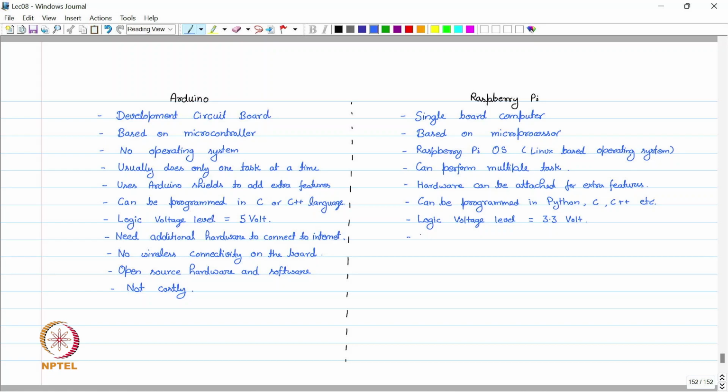It can connect to internet using Wi-Fi or Ethernet.